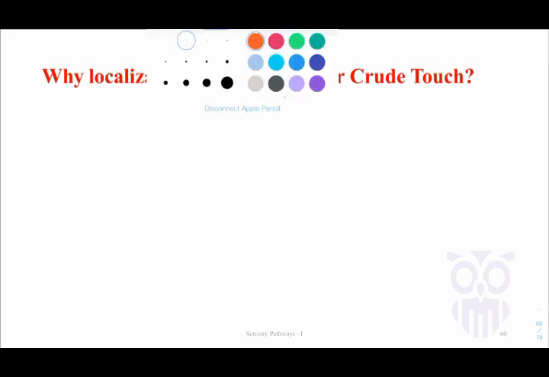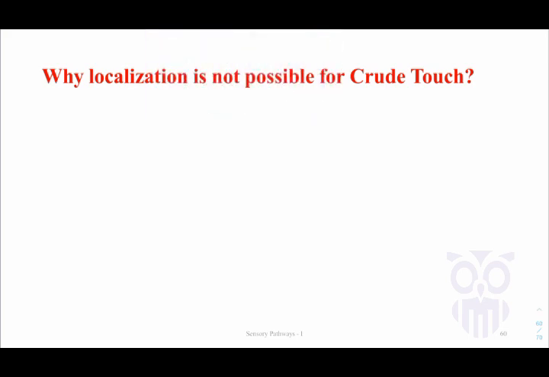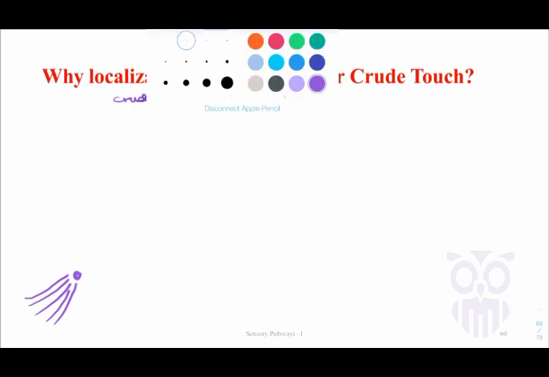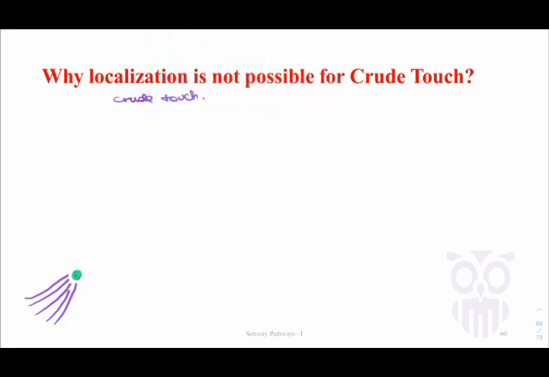Why localization? This is a genuine point you need to understand. Why do we say crude touch cannot be localized but fine touch can be localized? This is a rough diagram, please understand. This is crude touch. You have a number of fibers coming, and many fibers converge on one chief sensory nucleus. There is another sensory nucleus here, they go like this, and they all converge on one sensory nucleus in the thalamus.